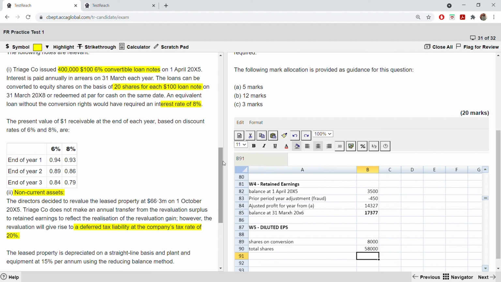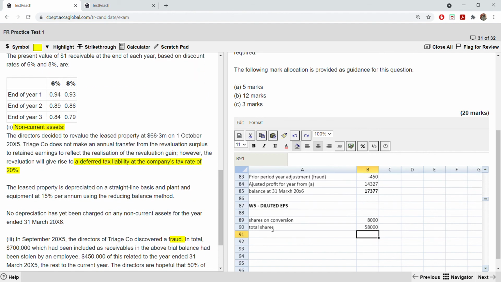Now that it is converted to shares, you don't have to pay the interest anymore, so your interest is saved. So the loan interest saved is how much? That also you need to know, because if you're not getting this correct, you will not be able to understand the next step, as it is based on this loan interest saved.